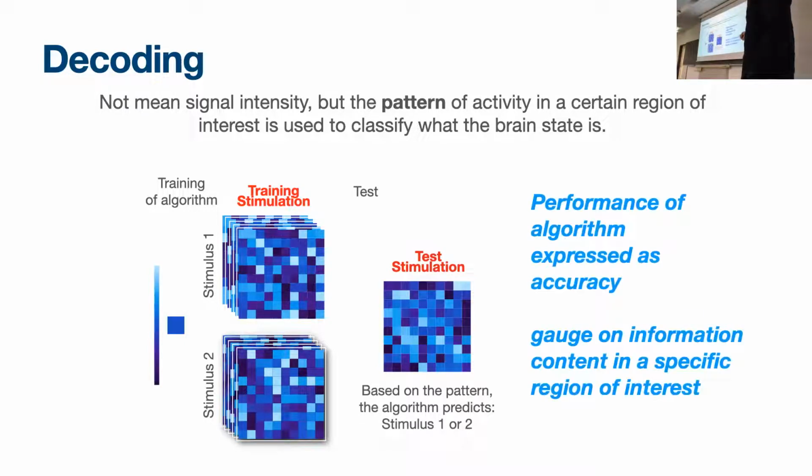And then, of course, you can assess the performance of the algorithm, and that is a proxy for the existence of structure in this brain region: accuracy, which is just percentage correct. If I have a nicely balanced data set, then chance would be 50%, and anything above 50% would be this classification algorithm having learned some pattern in the data. That the pattern exists is then evidence for the idea that some processing happens in this region that relates to the difference between stimulus 1 and 2.